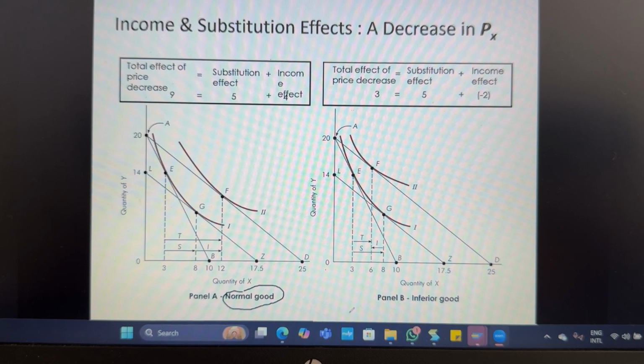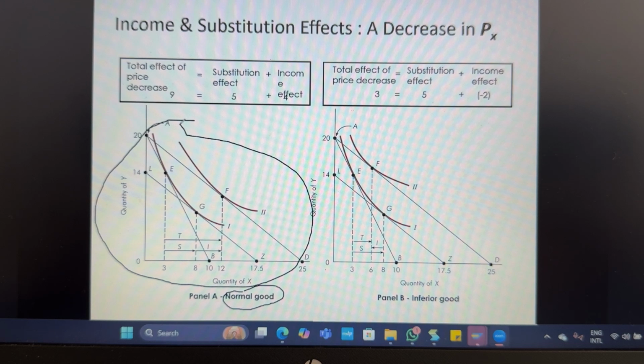I repeat the question. If the price of a normal good reduces, separate the total effect into substitution and income effect with the help of a suitable graph. That means I'm asking you to construct this graph and explain the process, what has happened. Can you do that?